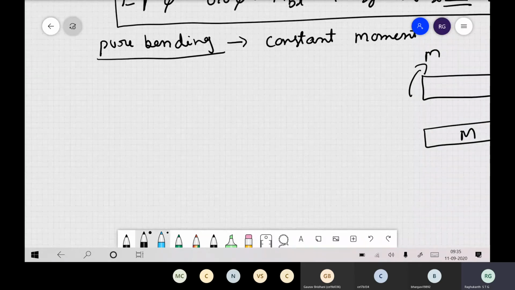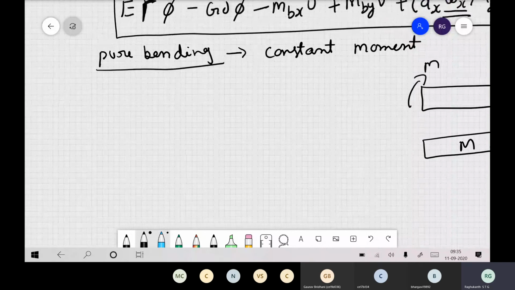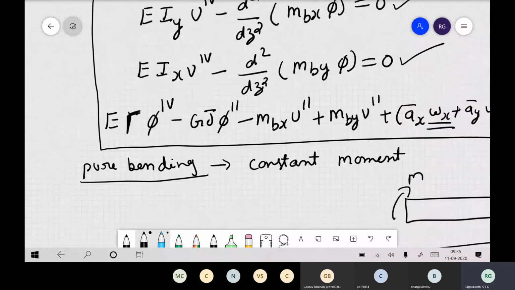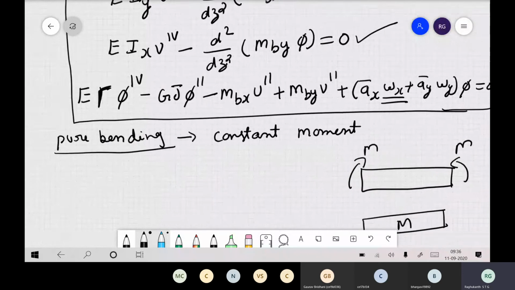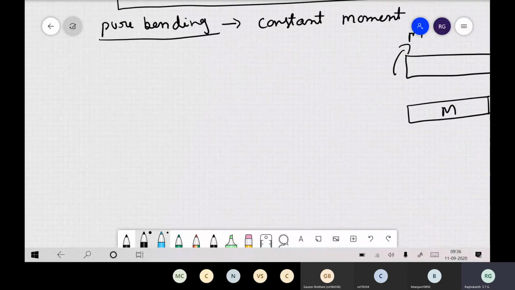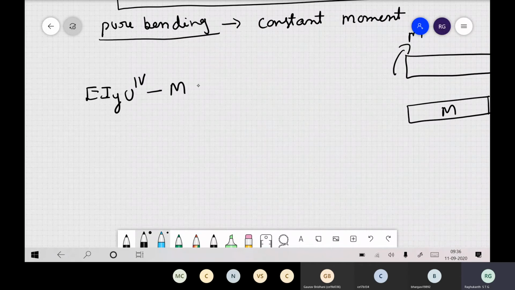So now what happens to that? There is no Mby or something like that, so we assume that this Mby is 0. So you are having only this one. Now if you boil down these equations, EIy u'''' (fourth order), and M is constant, so you have M phi'' is equal to 0. The other equation automatically goes away because we are not considering the other direction.